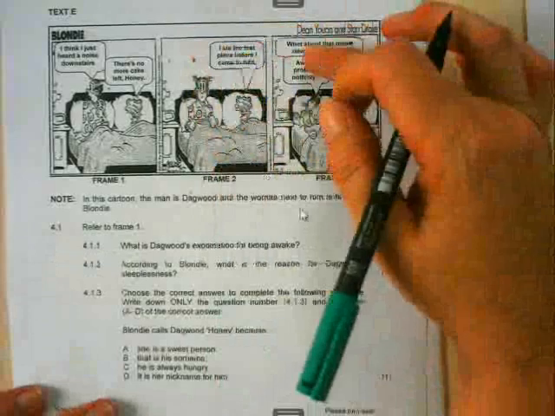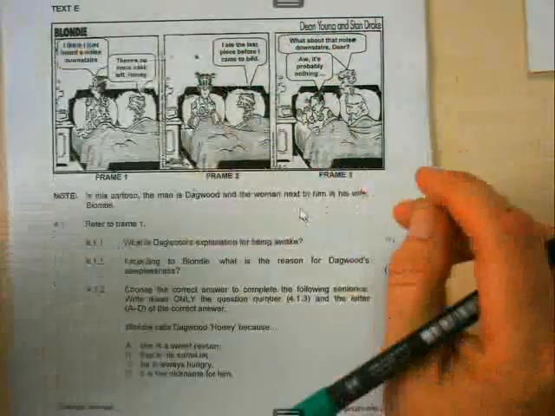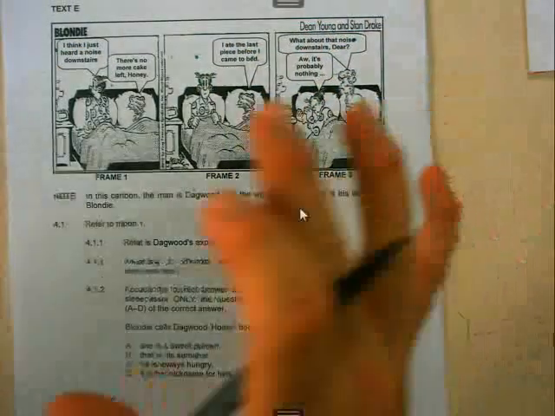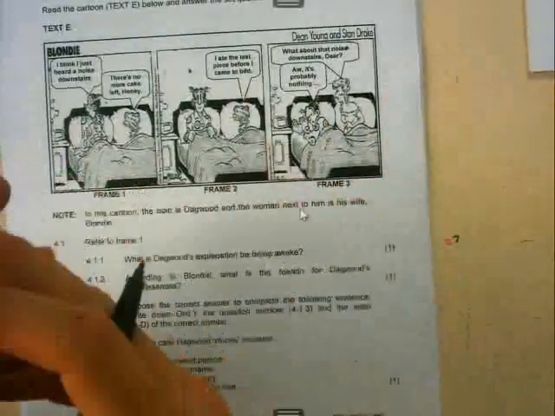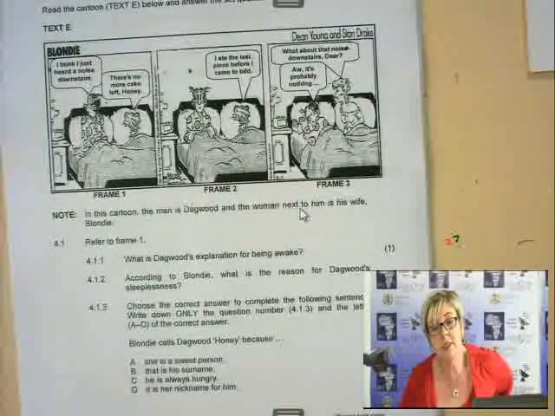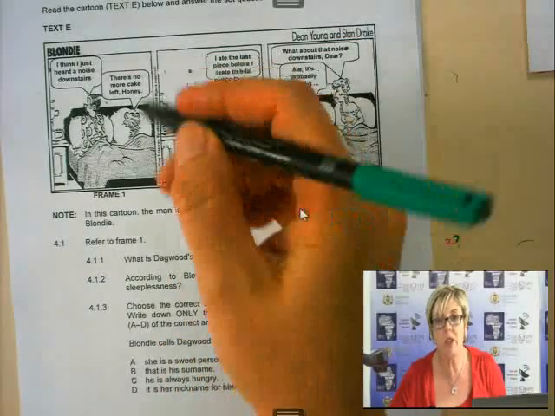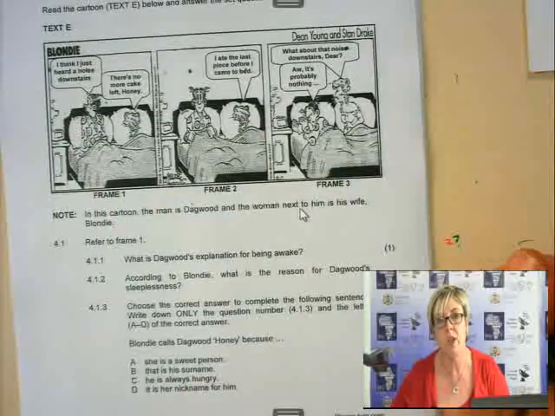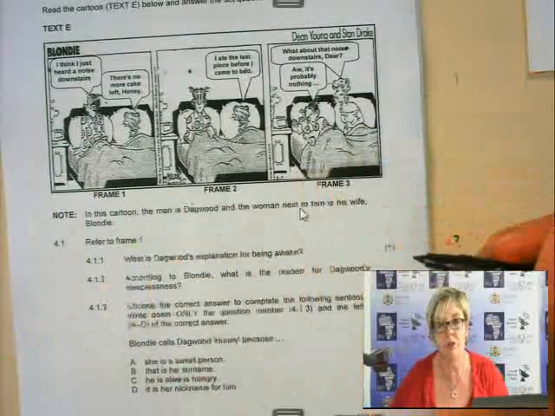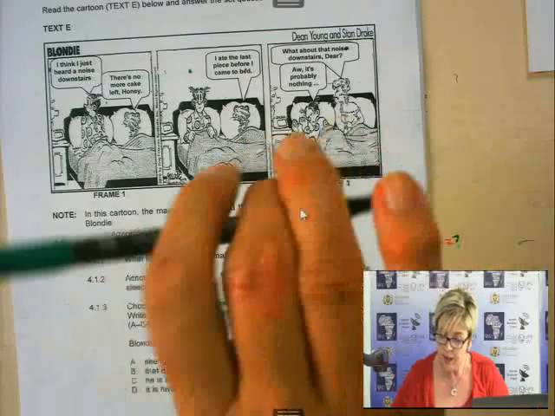So in other words, without even reading the words, what do I see? What do the pictures tell me? And that is the facial expressions and the body language. Together, the text and the pictures tell a story. Sometimes it's not even the facial expressions, but the lines that the cartoon artist draws to convey a certain message.